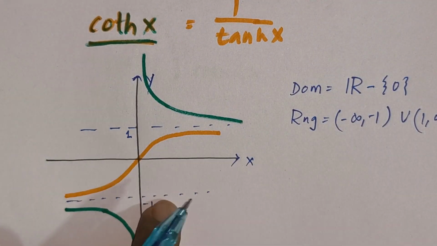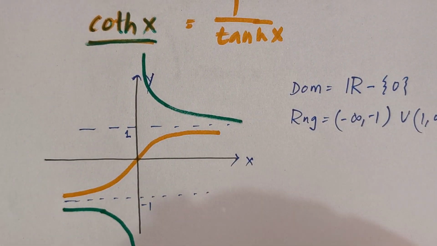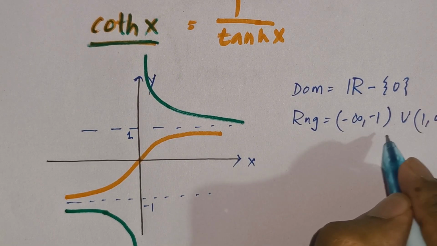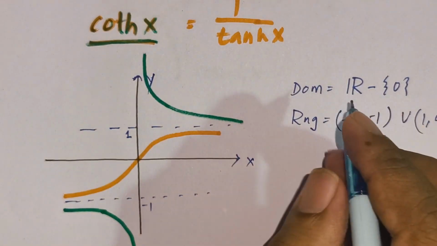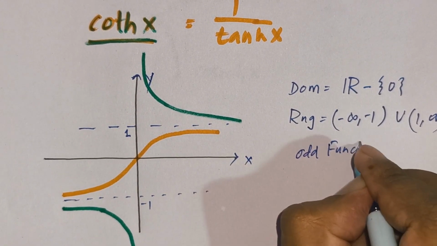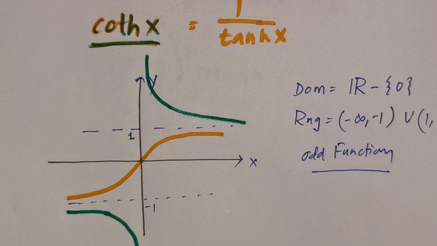So we have excluded those from the range. So the range is real numbers except minus 1 up to 1, which is minus infinity to minus 1, union 1 to infinity. This is our range. And what is its type? The type is an odd function, because hyperbolic tangent is odd, and its reciprocal is also odd.